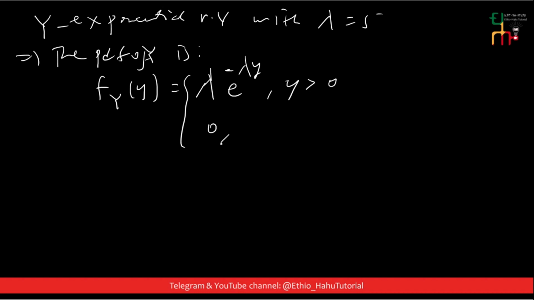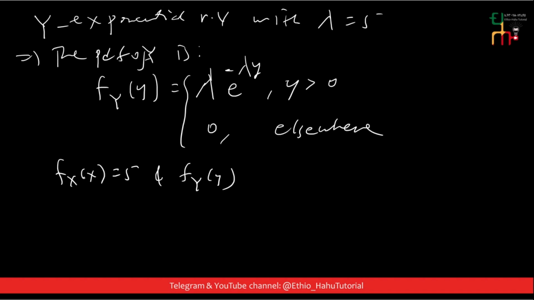Probability mass function. So x and y are given: f_X(x) is 5, and f_Y(y), the probability density function of y, is lambda e to the power of minus lambda y for y greater than 0 and less than infinity.